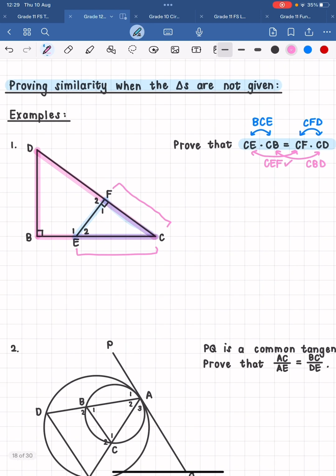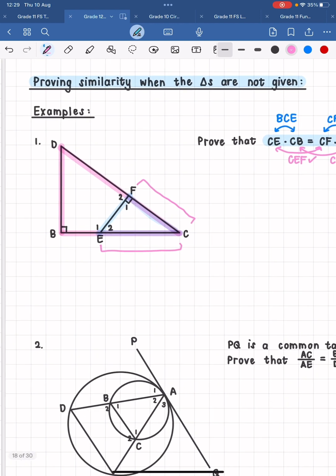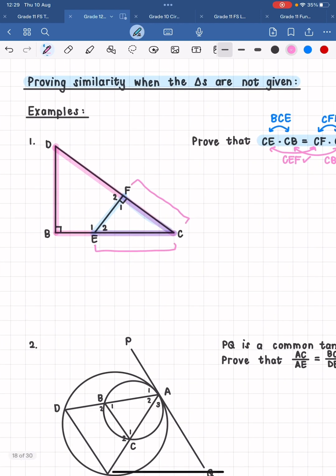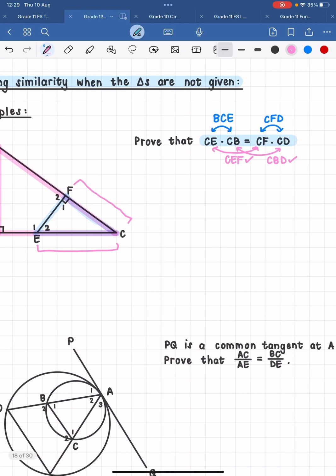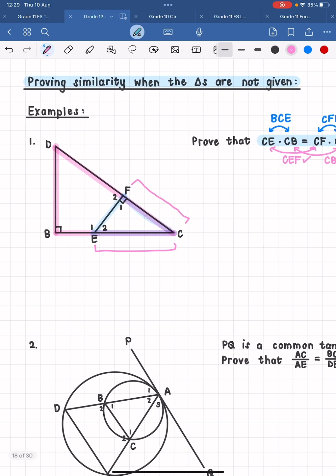C, B, and D? Yes, that is the big triangle. Okay, so if I work with triangle CBD, am I going to be able to put CB in my fractions? There we have CB, right? That's the whole side there. And the other side was CD. Yes, CD is in that triangle. Okay. We'll do more examples and then hopefully you'll be able to do it on your own as well.